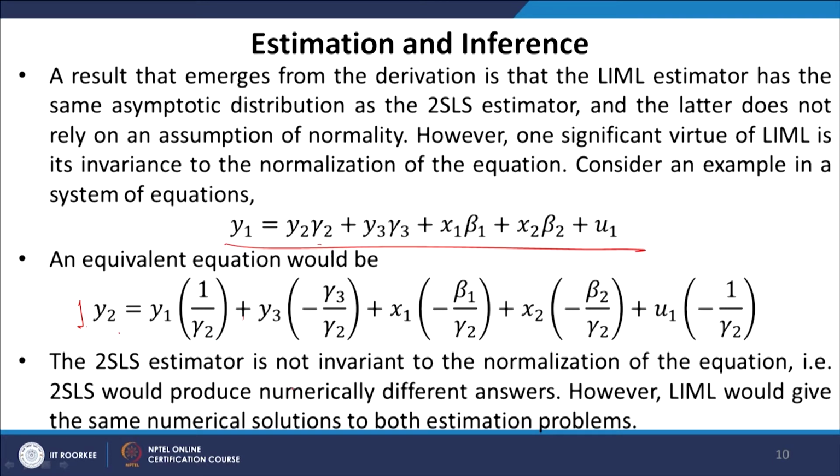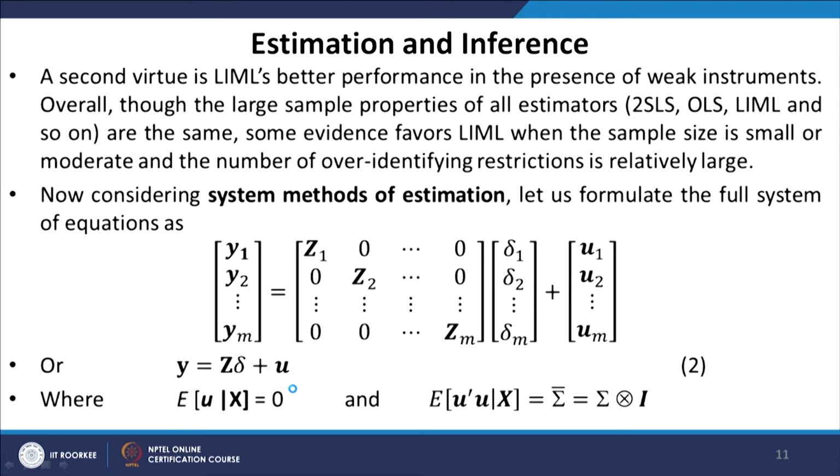The 2SLS estimator is not invariant to the normalization of the equation, which implies that 2SLS would produce numerically different answers. However, LIML would give the same numerical solutions to both estimated problems. So, this is an advantage of LIML over 2SLS.